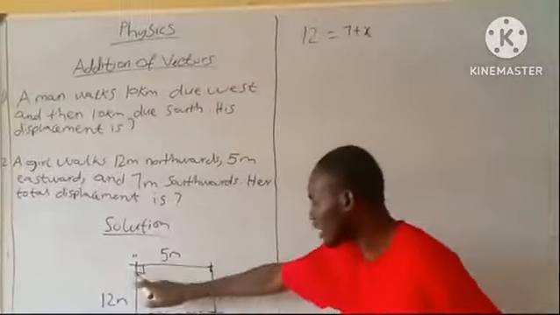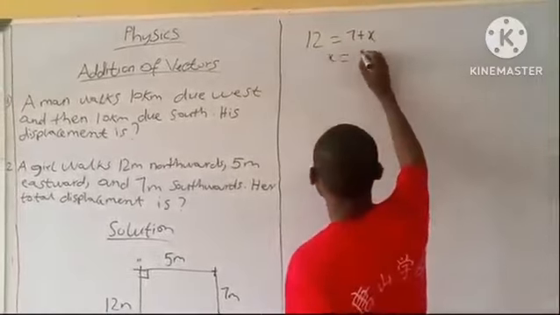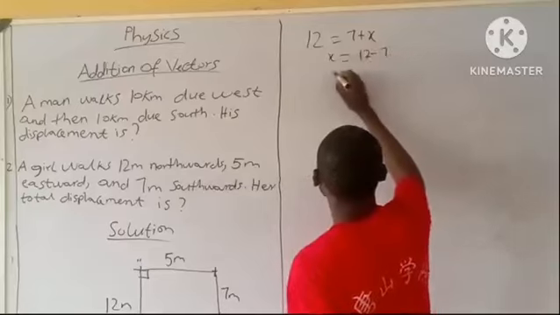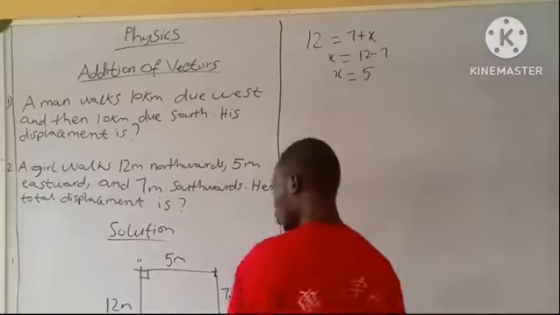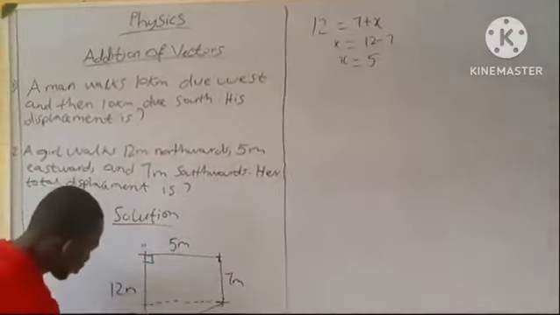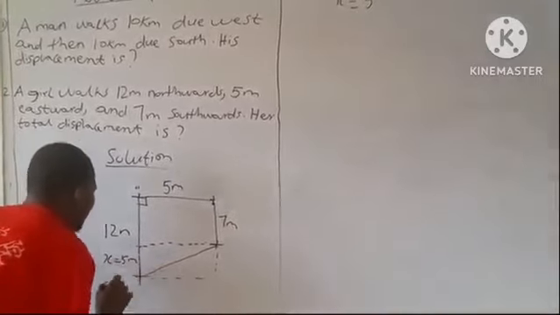Therefore X is equal to 12 minus 7. So X is equal to 5. From here to here, X is equal to 5 meters.